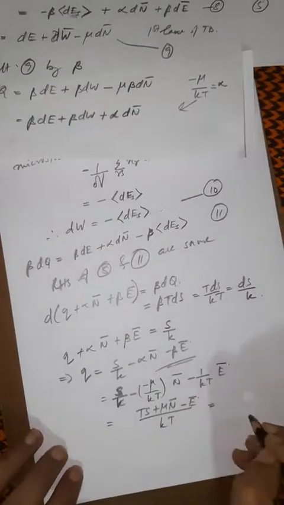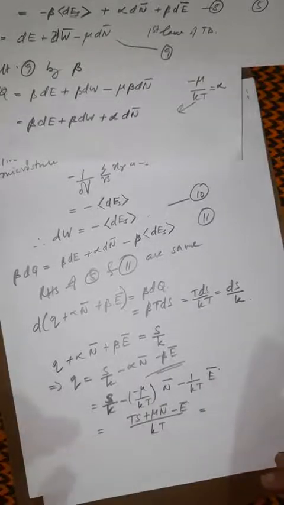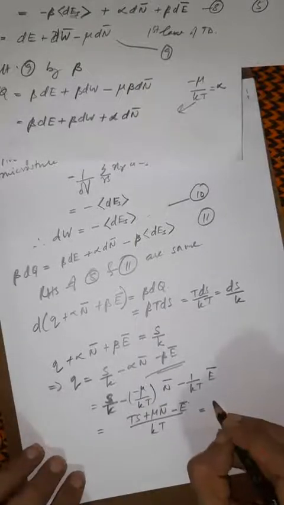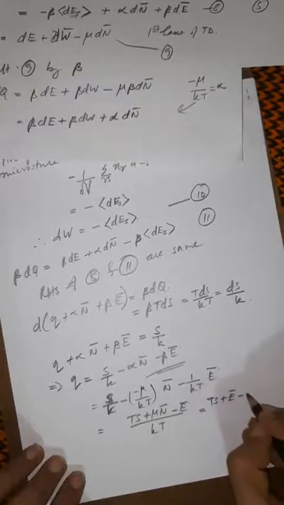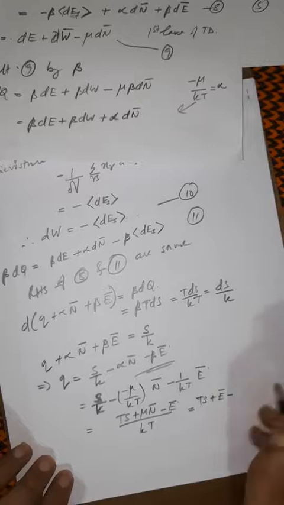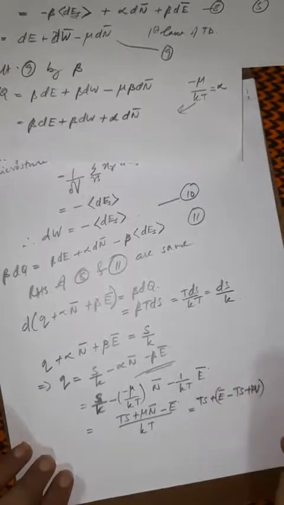Now if I expand the value of mu n bar, I can express it in terms of E, TS and PV. Therefore it is equal to TS plus E bar minus TS plus PV, right?